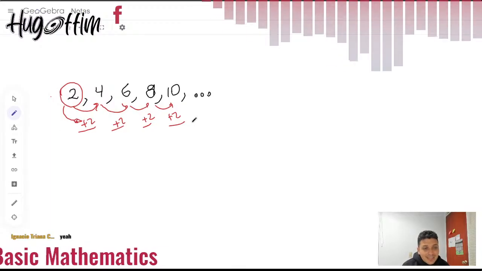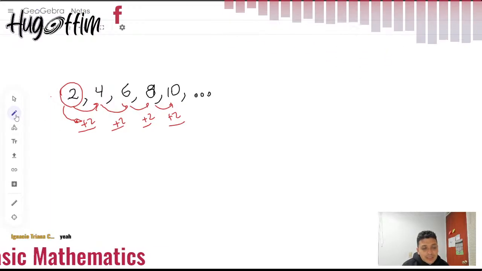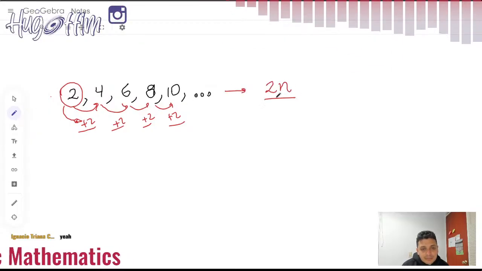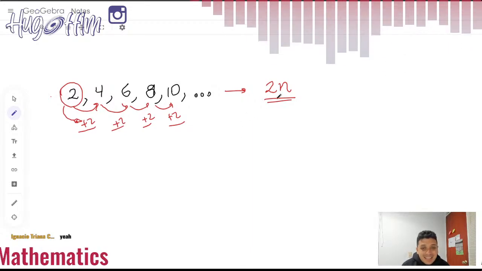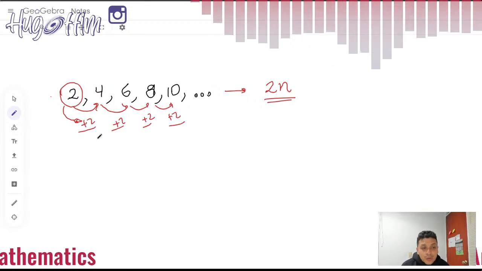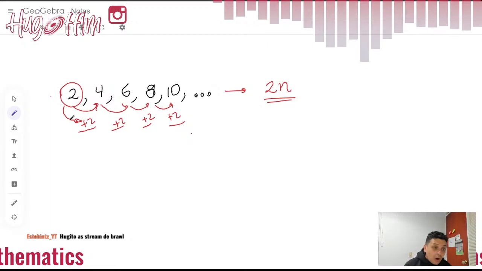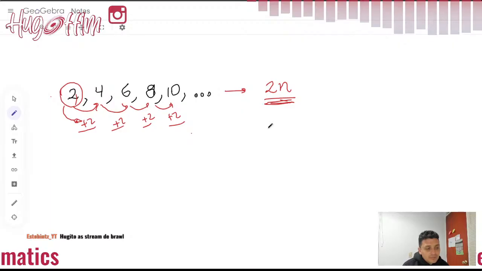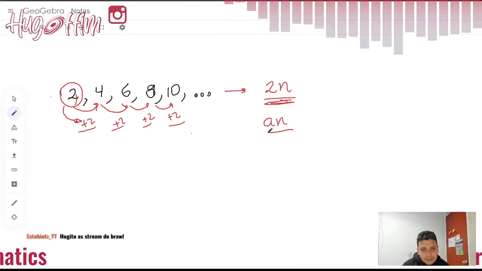This sequence is the sequence 2n. Any sequence in which you add the same number and also start with the number you're adding is a sequence of the form an.